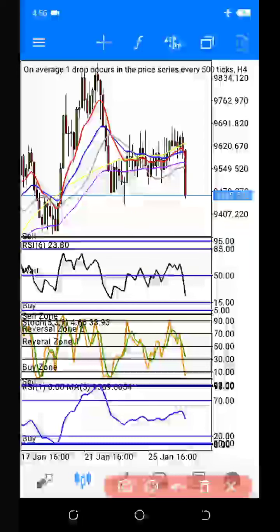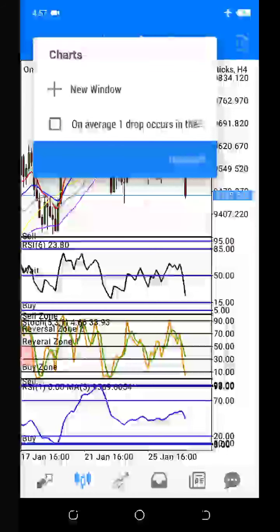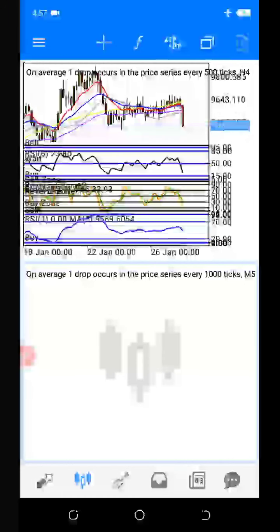So what I want to do is tap here where I circle. That's the window option, the double window. I will tap here and you'll see New Window. I'll tap on New Window.